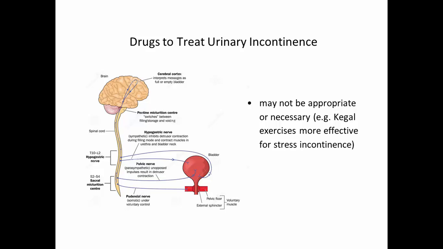So there's this increased urgency and frequency that's due to involuntary or very severe bladder contractions. There are a couple of drug options for that. Overflow incontinence is caused by an overfilling of the bladder, so essentially caused by urinary retention. And there's a couple of drug options for that.